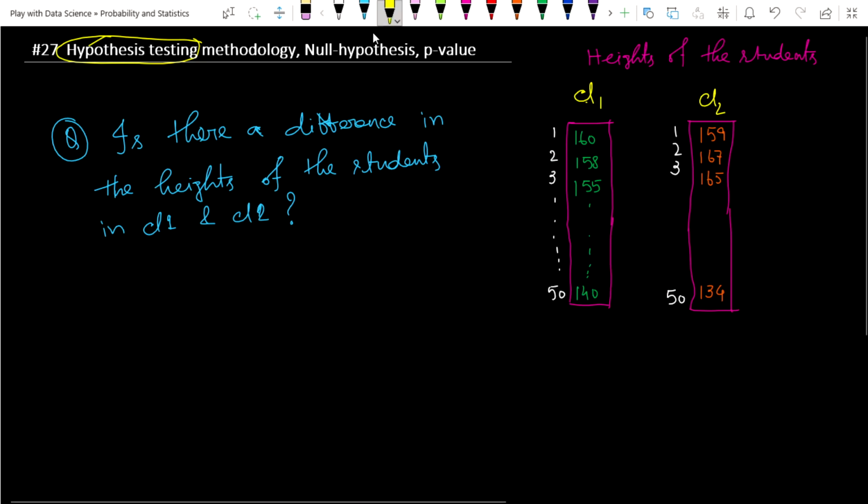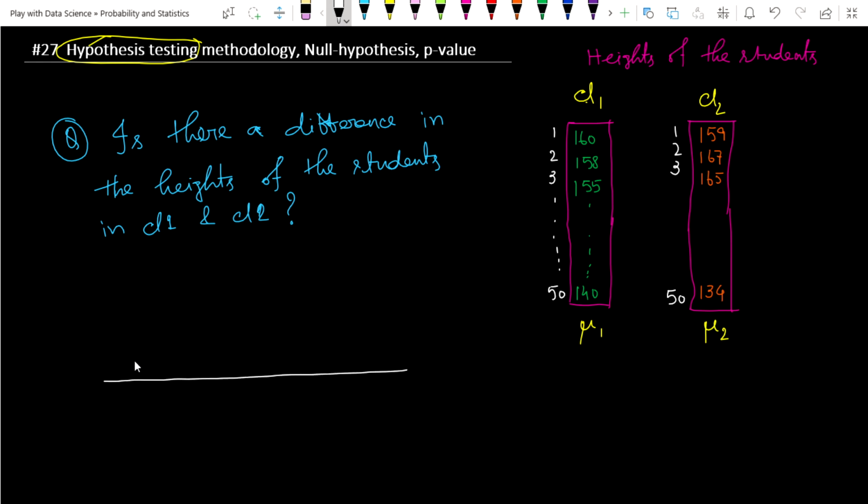Suppose from the observations we have collected, the mean value for class 1 is mu 1, and the mean value for class 2 is mu 2. Now we have the observations, and from the previous lectures we already know that if we have the observations, we can easily find their distribution.